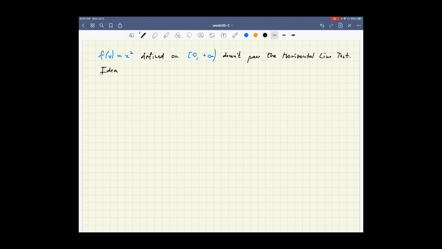So we restrict the domain of f so the function becomes injective. I can show you two ways how to do that. One way is the following.